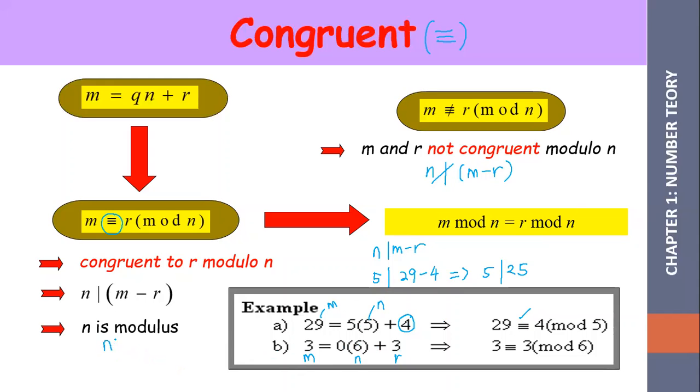It is congruent if n divides m minus r. n is 6, m is 3, r is 3. Does 6 divide 0? Yes, 6 divides 0. So 3 is congruent to 3 mod 6.